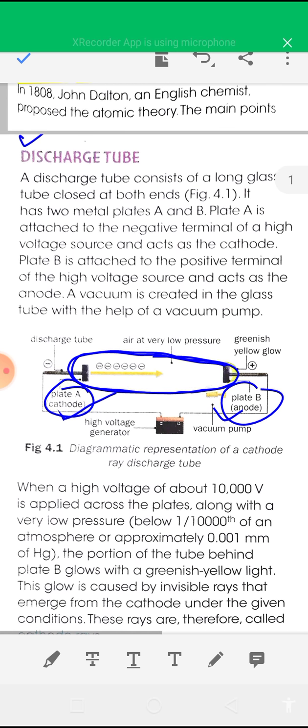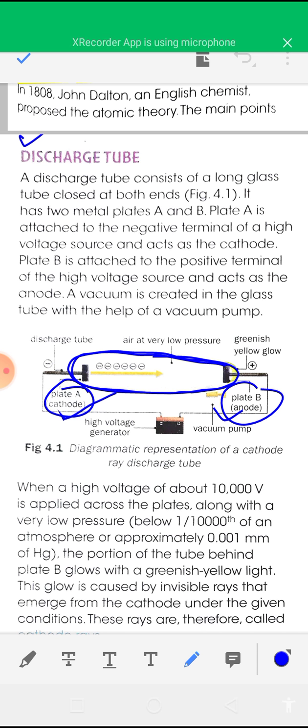Plate A is attached to the negative terminal of a high voltage source and acts as cathode. Plate B is attached to the positive terminal of the high voltage source and acts as anode. And the pressure inside the tube is very low.